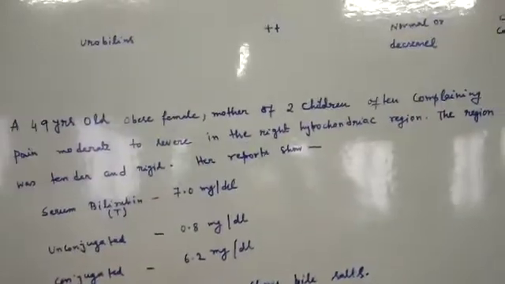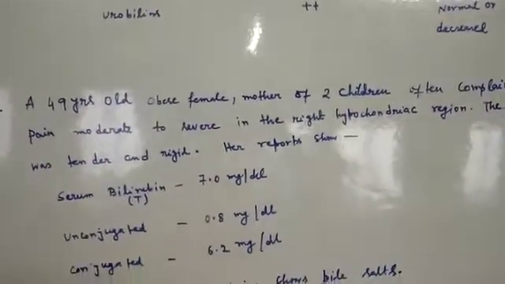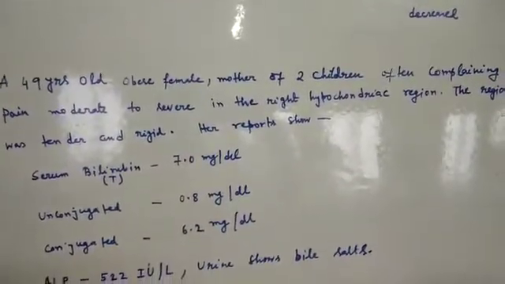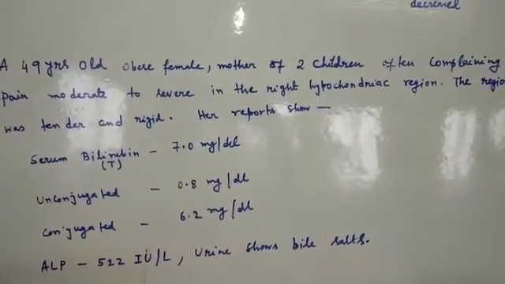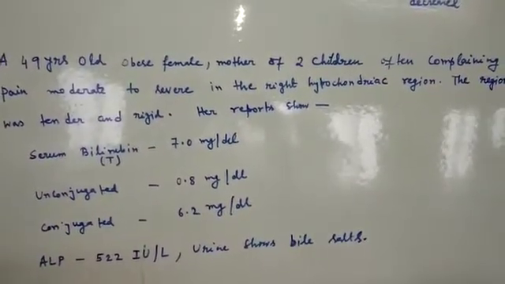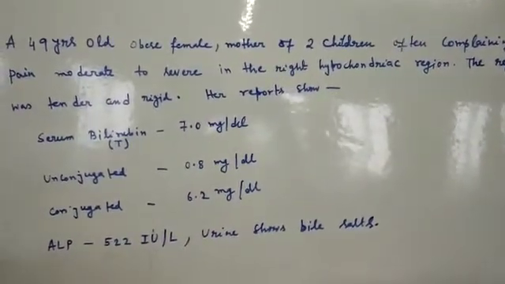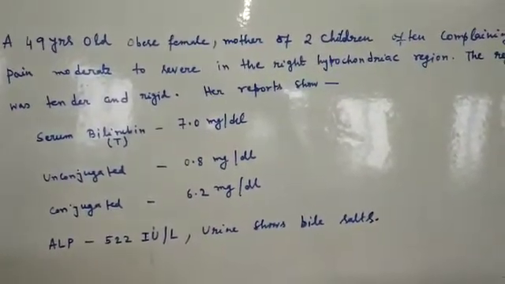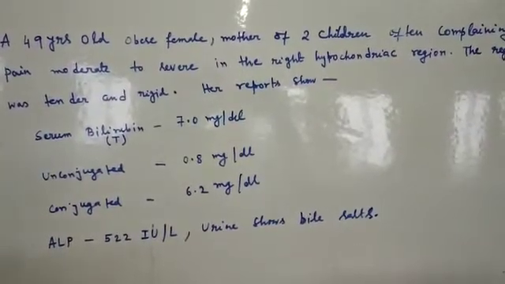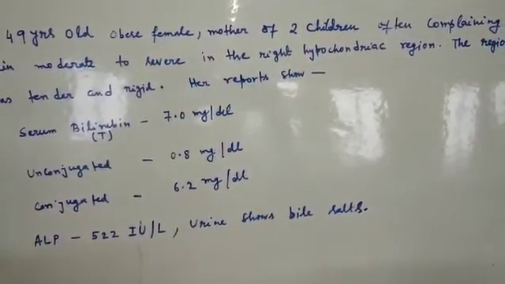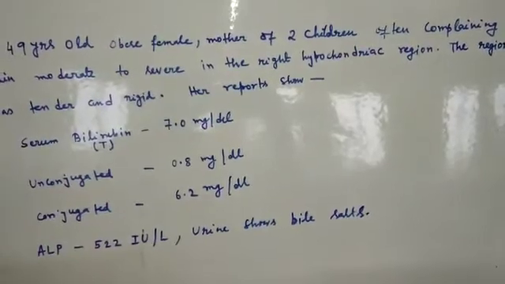Her report shows serum bilirubin 7 mg per dl, unconjugated 0.8 mg per dl, conjugated 6.2 mg per dl. Her alkaline phosphatase level 522 unit per liter. Urine shows bile salts, means Hay's sulfur test is positive.